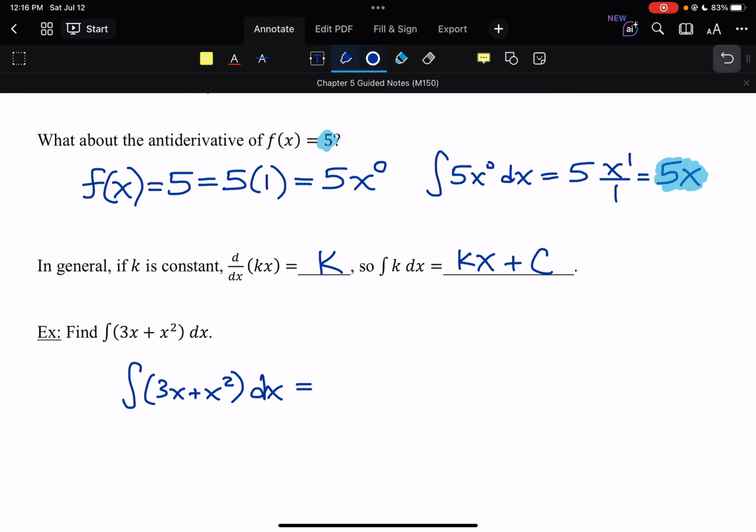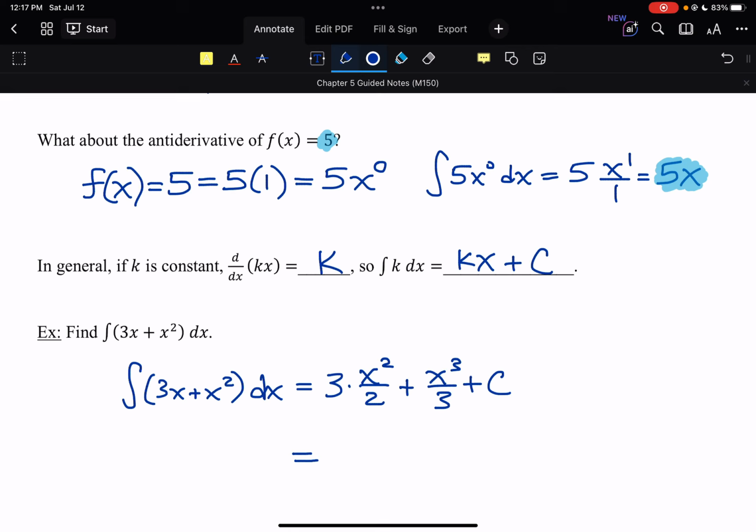It also doesn't impact the integral or the antiderivative. So for this one, we're going to have the 3 times the antiderivative of x. We found that one earlier. That's x squared over 2. Plus the antiderivative of x squared is x cubed over 3. Plus c.